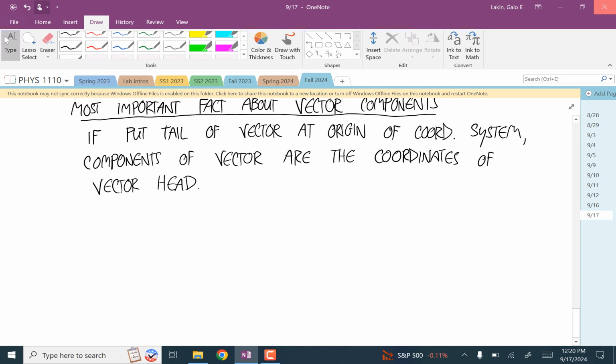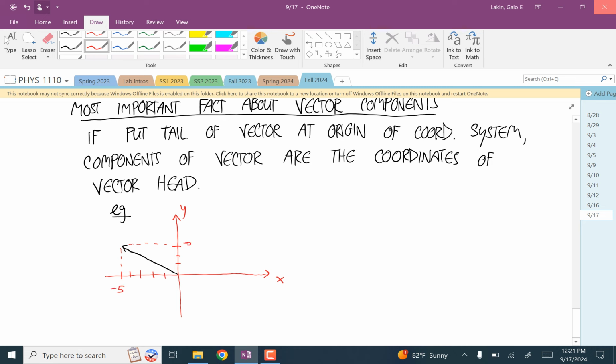Okay, so for example, if your coordinate system is this, and the vector you want the components for is this, so let's say this is 1, 2, 3, and this is 1, 2, 3, 4, 5. So this is -5.